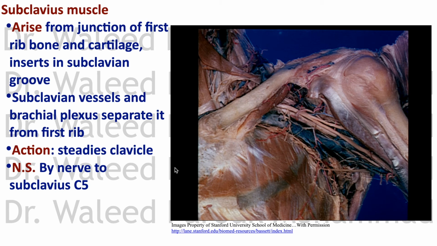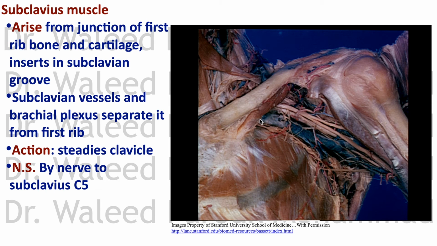The subclavius muscle. The subclavius muscle arises, see, from the costal cartilage of rib 1 and inserts in a groove on the inferior surface of the clavicle. This is the subclavius muscle.